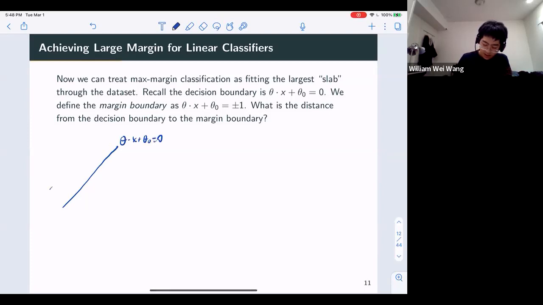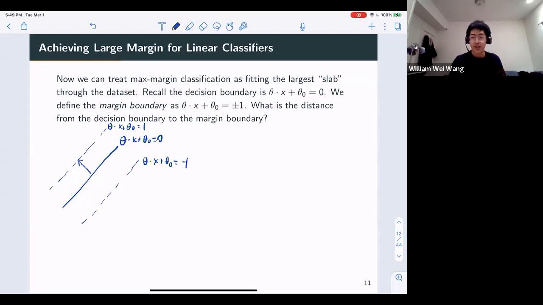And you can define some sort of margin boundary as being like this. So here is theta dot x plus theta naught equals 1. Here might be theta dot x plus theta naught equals -1. So what's the definition of margin here? It's, okay, how far are these decision boundaries, right?